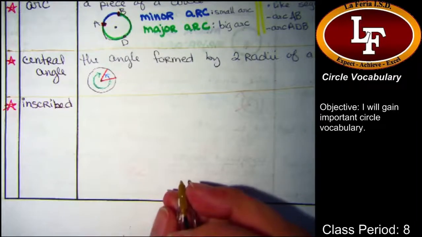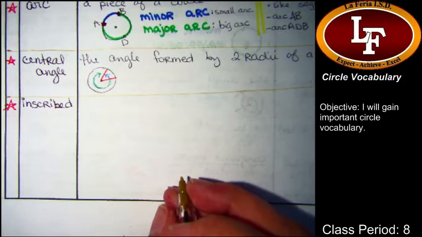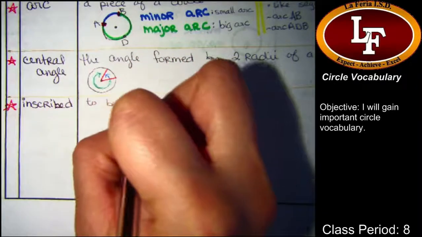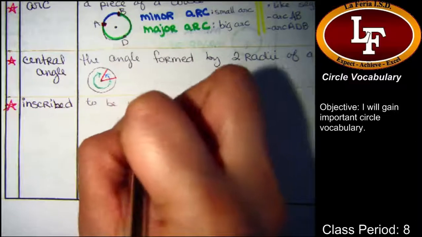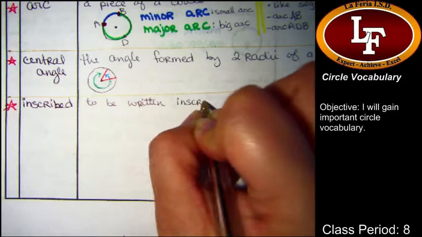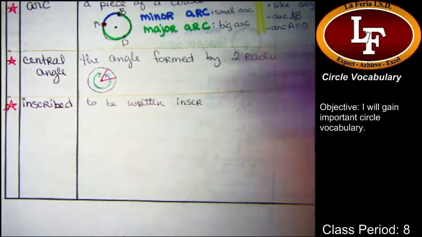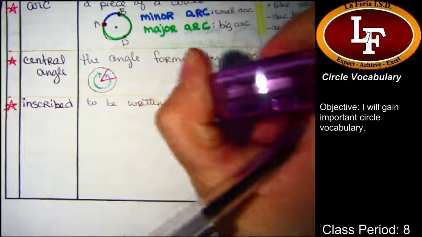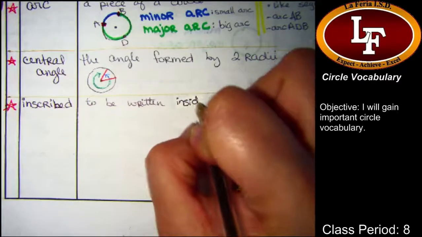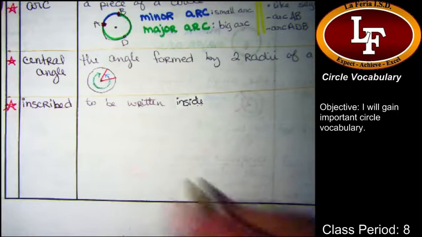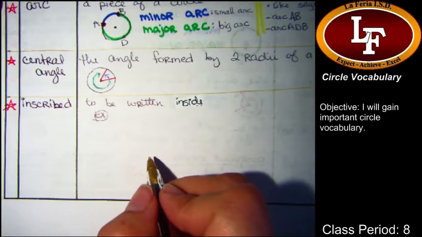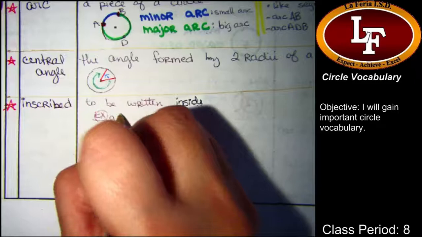All right, let's talk about the word inscribed. The word inscribed means to be written inside. It has the word in, and scribed means to write, and so the word inscribed means to be written inside of something. For example, you'll probably see it used this way.